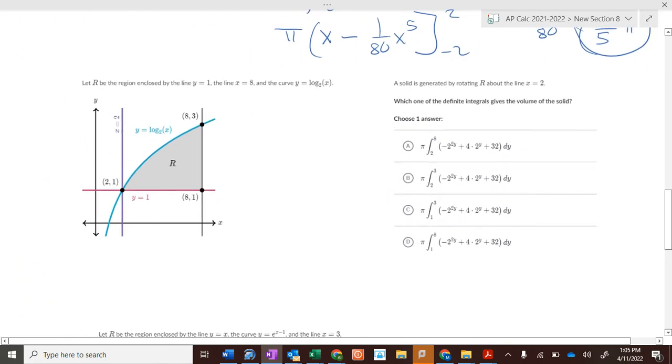This one. Okay, we're revolving around the line x equals 2. Here's the line x equals 2. So what's our furthest away line? Y equals 8, right? Or x equals 8, right? That's the furthest away line.